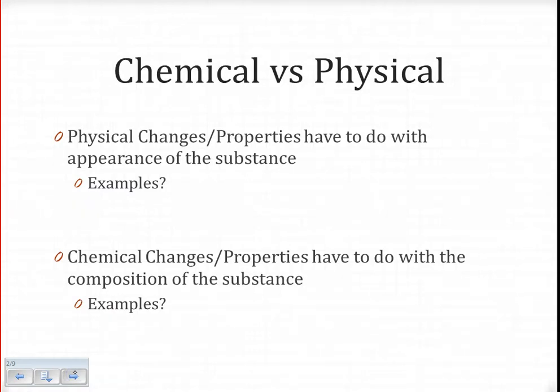Okay, so physical changes or physical properties have to do with the appearance of a substance. A physical property would be something like color. Color is a physical property, and if something changes color, that's a physical change.